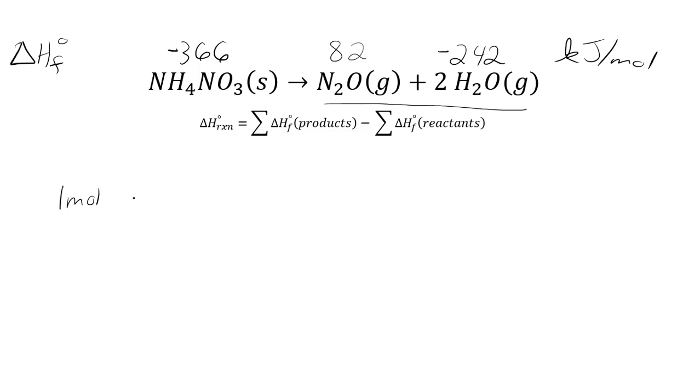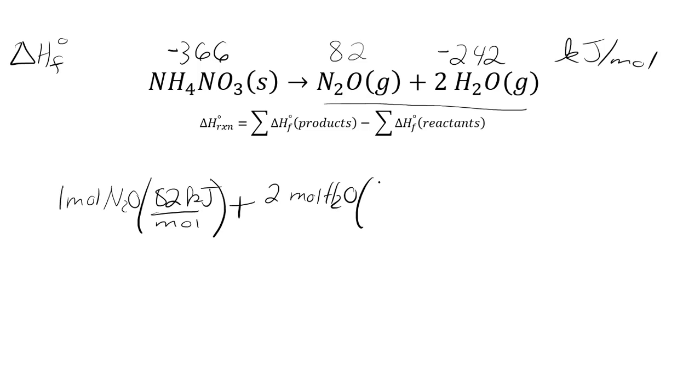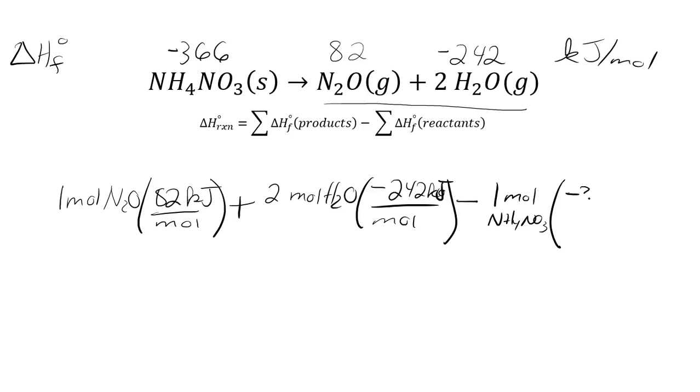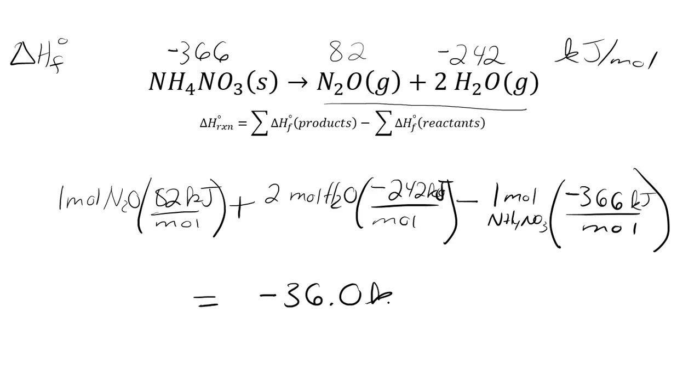So we have 1 mole of our N2O times 82 kilojoules per mole, plus 2 moles of water times negative 242 kilojoules per mole, minus 1 mole of our ammonium nitrate times negative 366 kilojoules per mole. And if we put all of that into our calculator, we end up with negative 36 kilojoules.